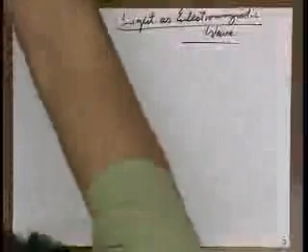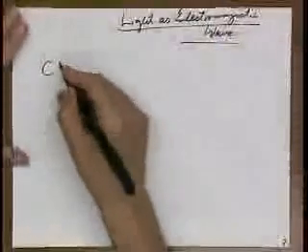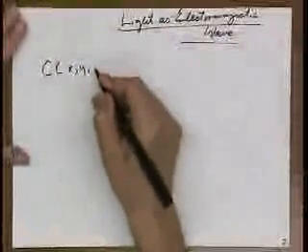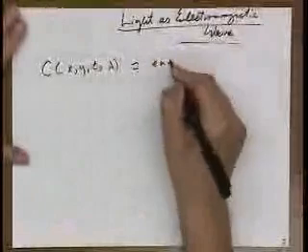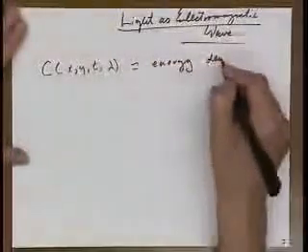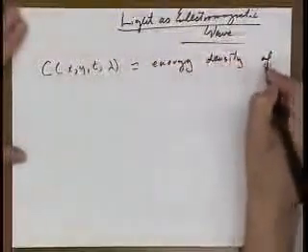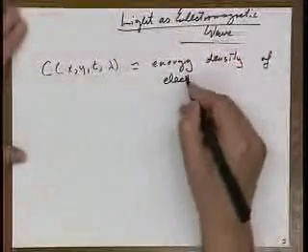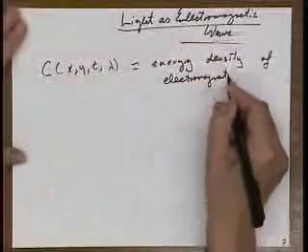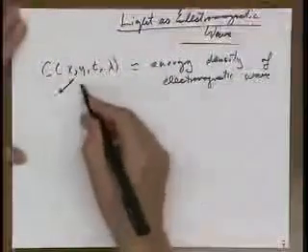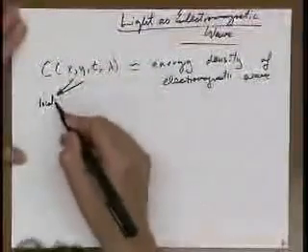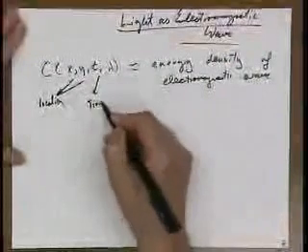So you can talk about this function c of x, y, t, lambda as the energy density of an electromagnetic wave. And the notation is pretty obvious. x and y are location or positions, t is time, and lambda is the wavelength.